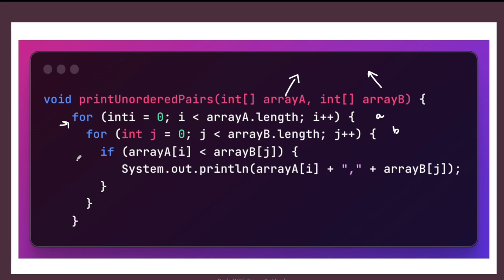Okay, what about this if condition? What is actually happening over here? It's just a comparison between the ith element of A array and the jth element of B array. Tell me if this is going to be dependent on the length of the array A or array B. Will the execution time of this comparison be dependent on the length of array A or array B?